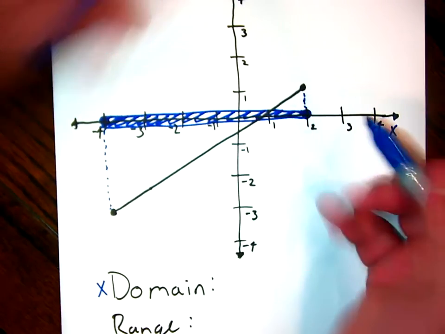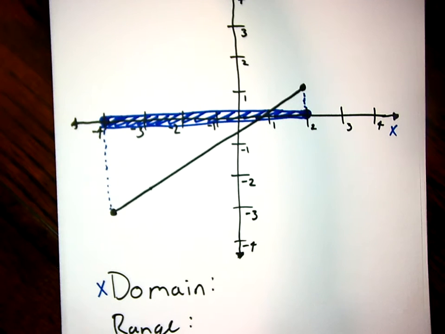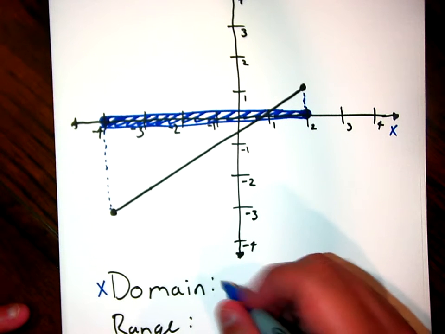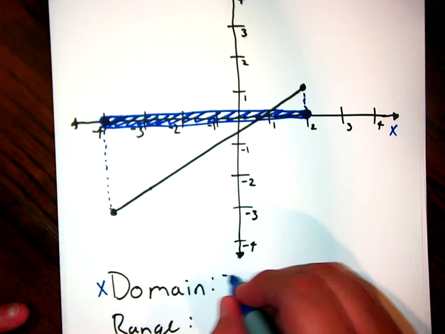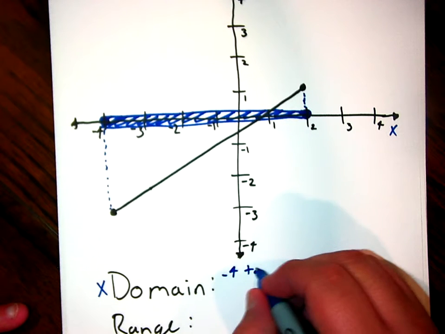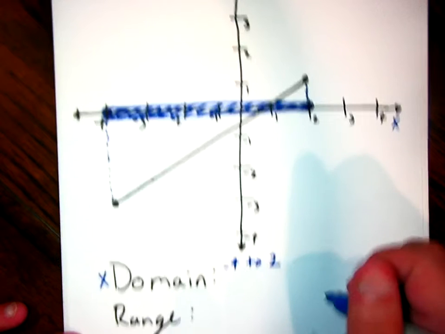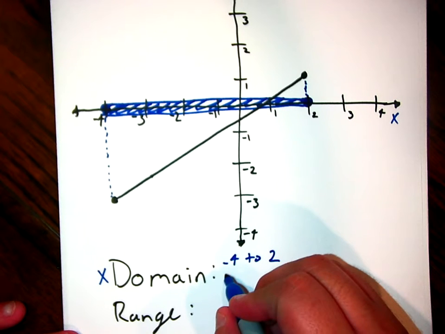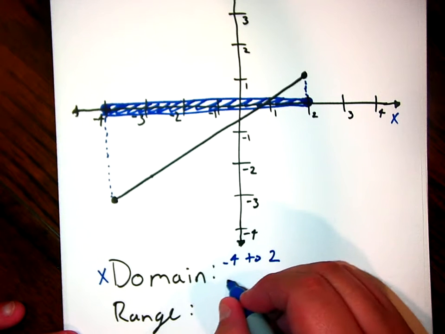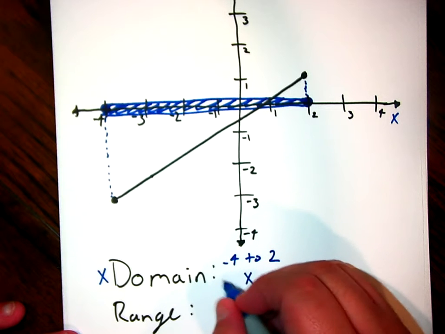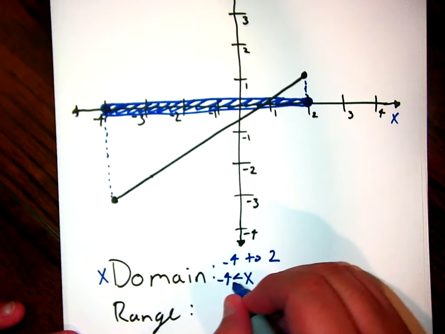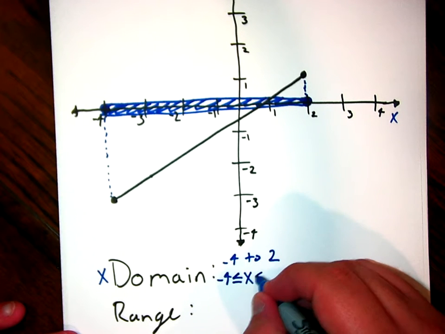So that's going to mean that our domain is going to be from -4 to 2. Okay, so the denotation for the domain there is going to be -4 is less than or equal to x, which is less than or equal to 2.